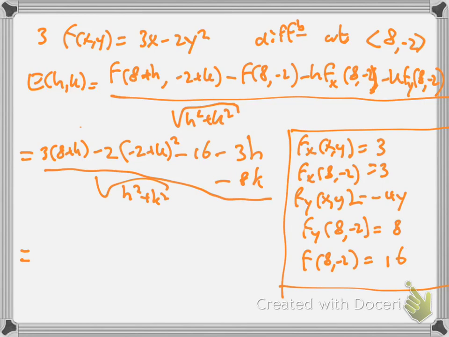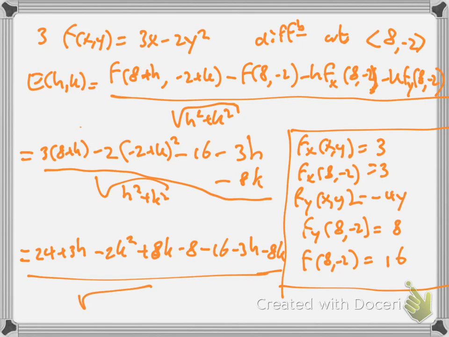If we simplify everything, we get 24 plus 3h minus 2k squared, plus 8k, minus 8, minus 16, minus 3h, minus 8k, over the square root of h squared plus k squared.